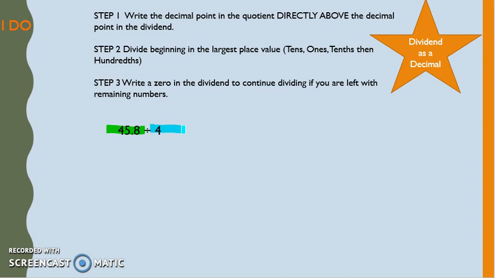And so for this problem, because our divisor, this is very important when we are dividing decimals, is a whole number, we don't need to use our powers of 10 in order to move the decimals before we get started.